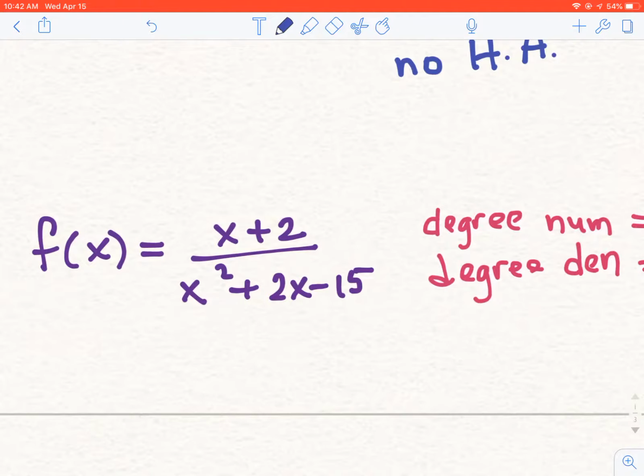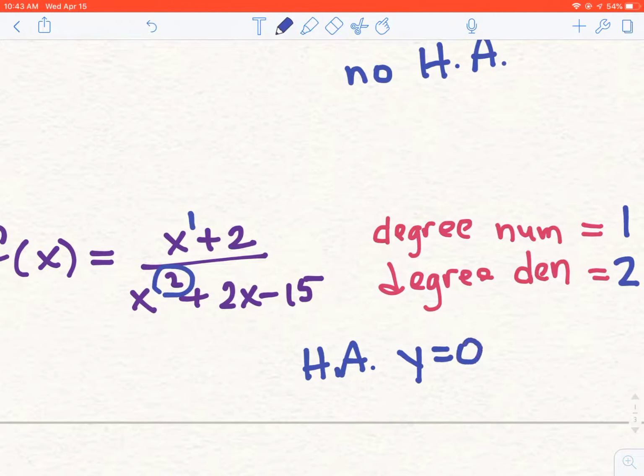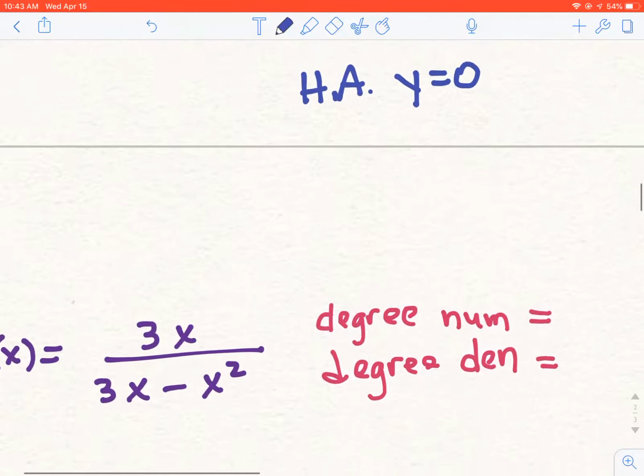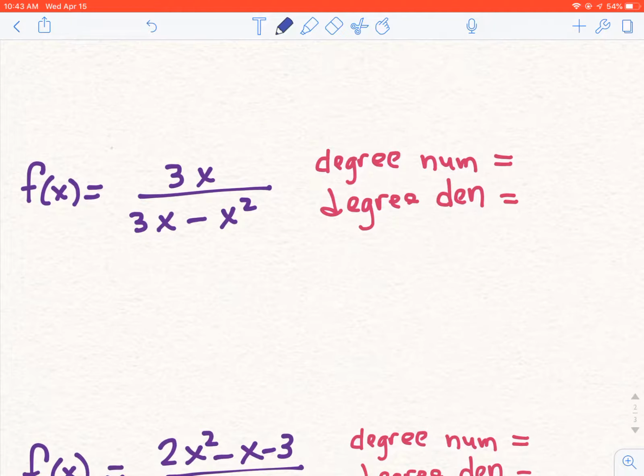Another example. The degree of the numerator is a 1, and the degree of the denominator is 2. So when the numerator degree is less than the denominator degree, the horizontal asymptote is the x-axis, or y equals 0. Okay? So make sure you know these rules as you're practicing. The degree of the numerator is 1.